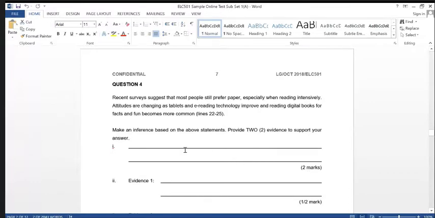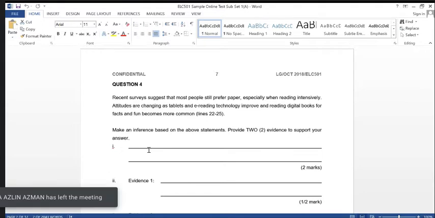Now again, when you see formulate, when you have a question of inference, if your answer is copy and paste from the text, you copy a part of a sentence, it doesn't matter, it's not going to be a correct answer, definitely.